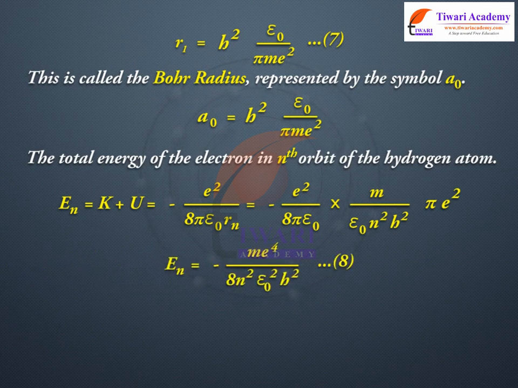En is equal to m e raised to power 4 upon 8 n square epsilon naught square h square.